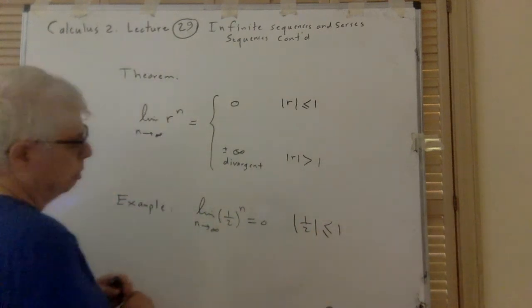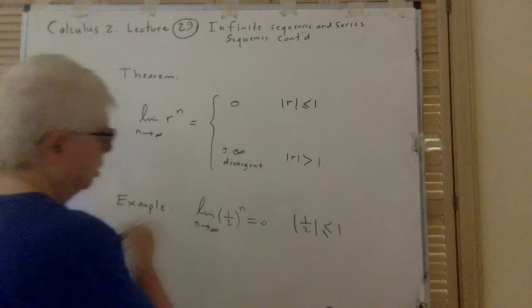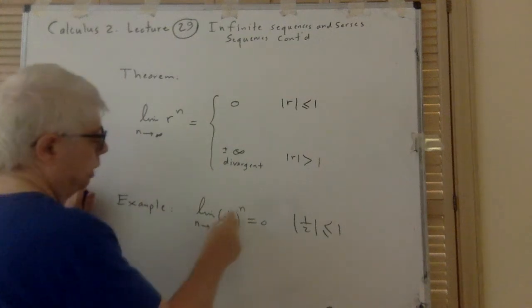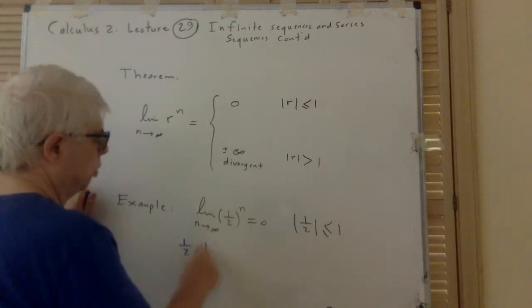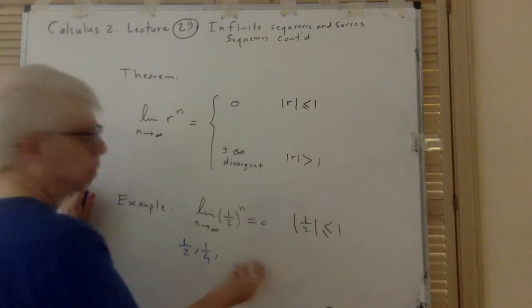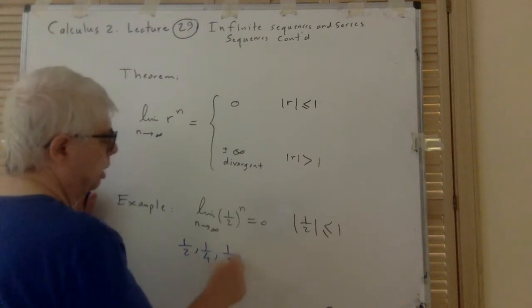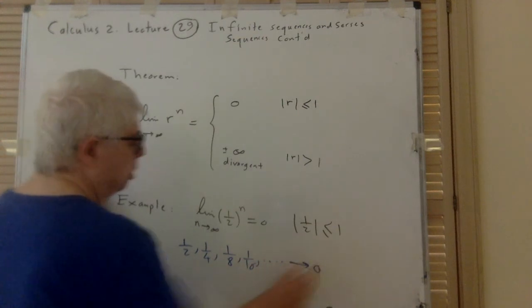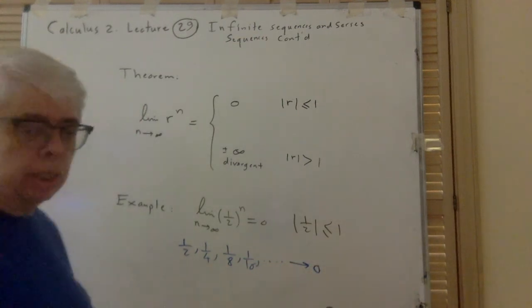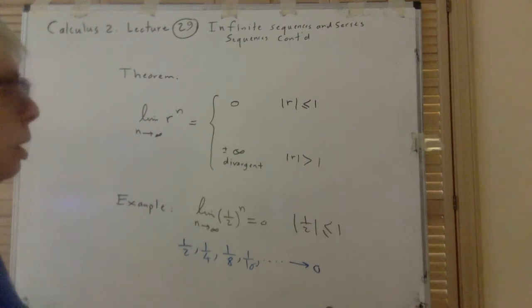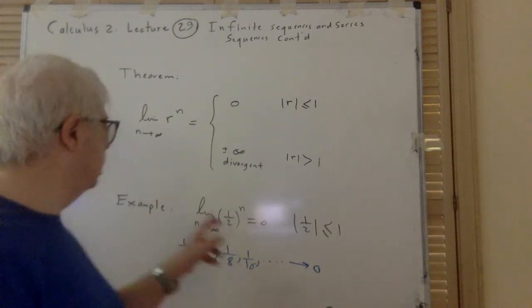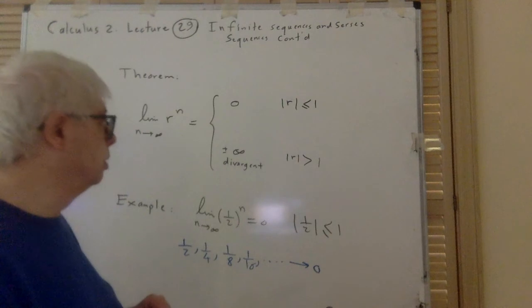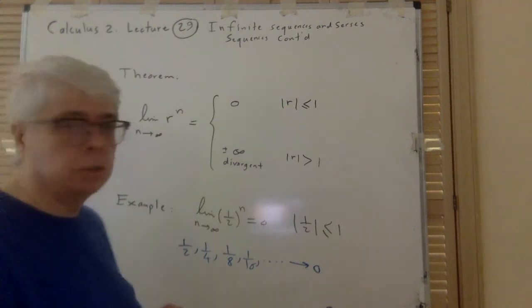You can look at what this is: for n equals 1, it's 1/2, 1/4, 1/8, 1/16, and so on. This is a geometric sequence, and it goes to 0. So this is an example where the absolute value of r is less than 1.